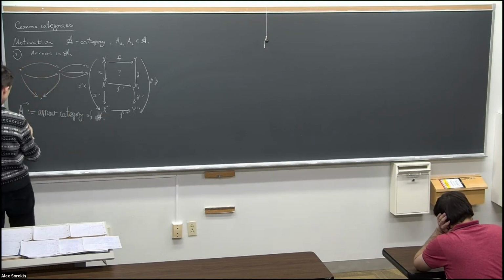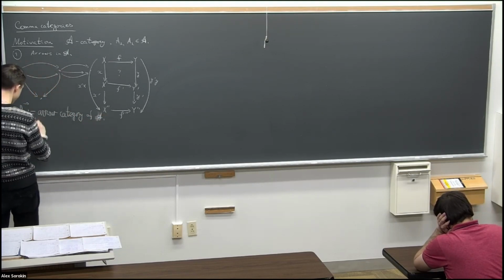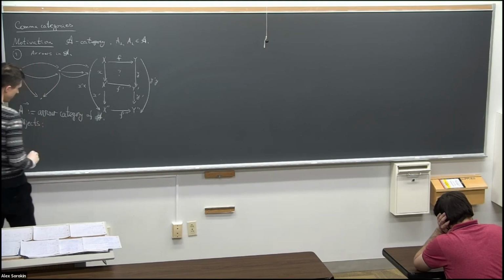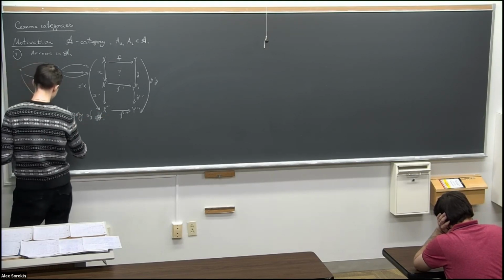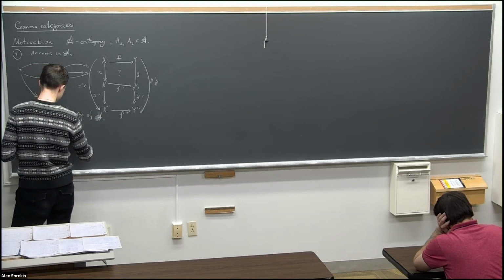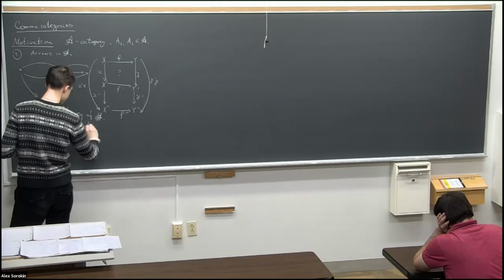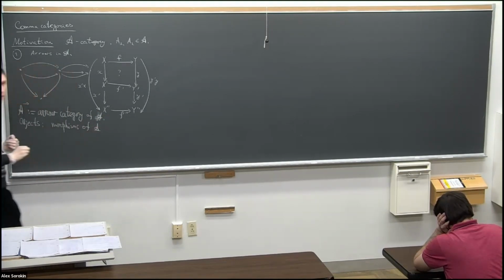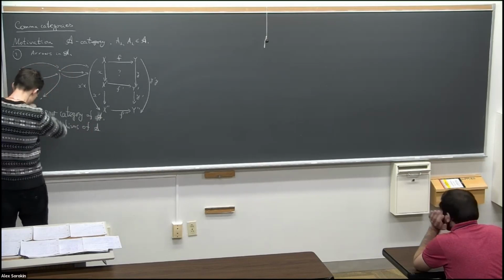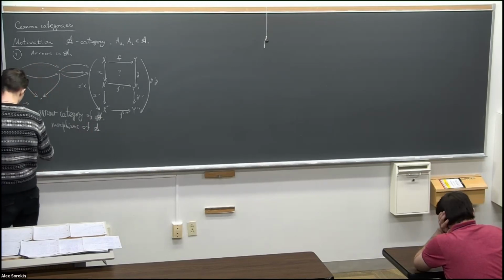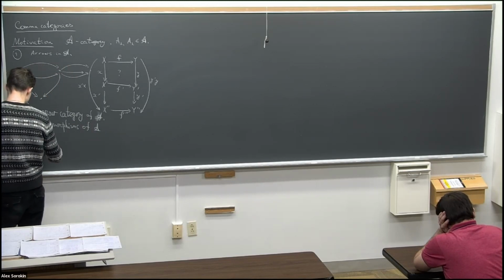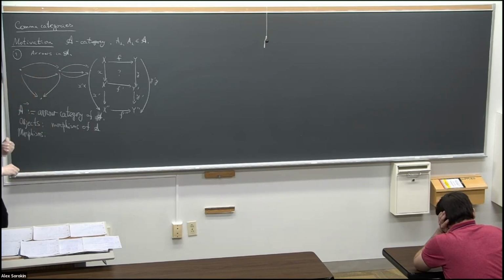Objects are morphisms of A. Then morphisms are commutative squares.